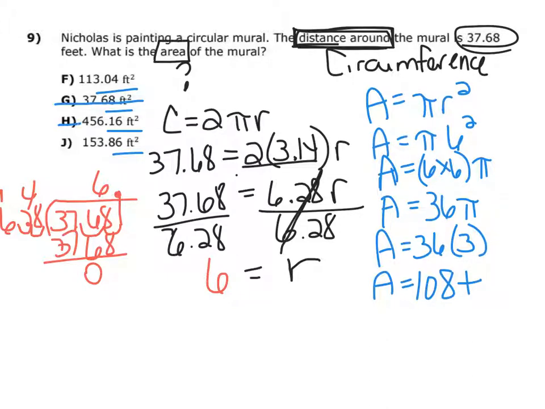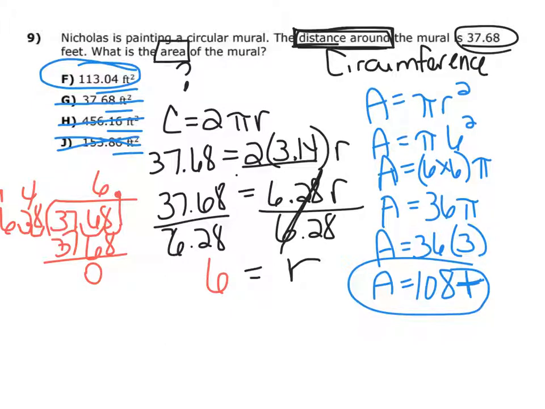We could eliminate H because that is too high. Now it's between F and J. But remember, it's just a little bit more. If you look at J, that's a lot more. So because that's a lot more, then my answer is letter F. So remember, you could always estimate, and that could help you find the correct answer without having to use 3.14.